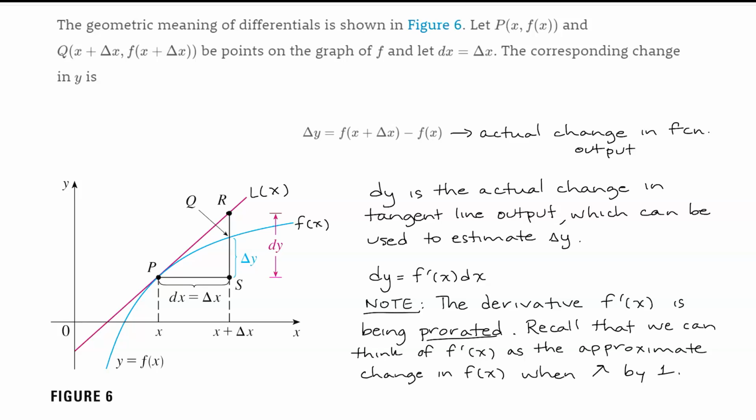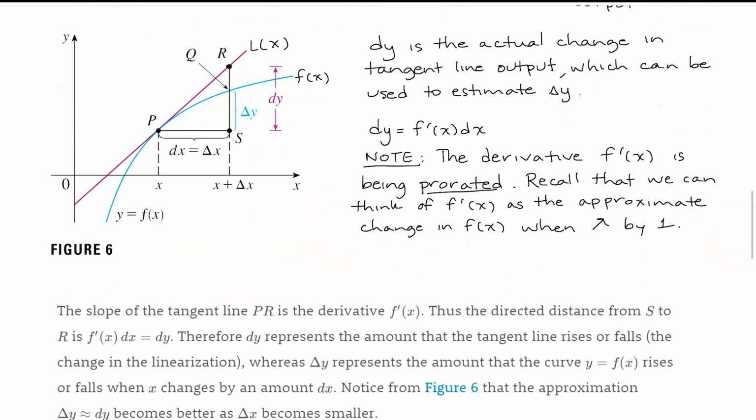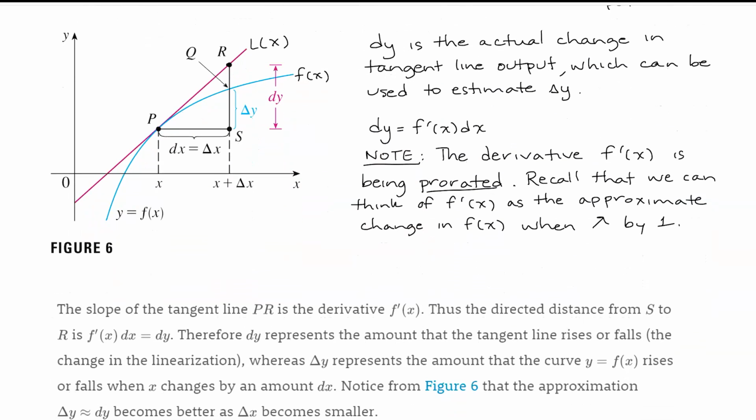What if x doesn't go up by 1? What if it only changes by a half? Well, dx is the amount of change in the x. So when we take the slope f prime, that is how much change we expect in y for x increasing by 1, and then we prorate that and say, okay, but x is not necessarily increasing by 1, it's increasing by dx. Multiplying those two together tells us how much we expect the y to increase, or change, because it might be a decrease if the f prime were negative.